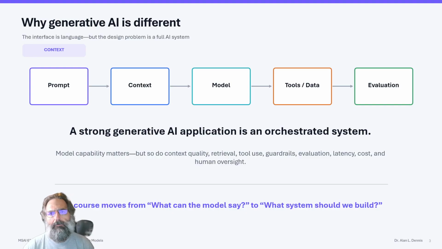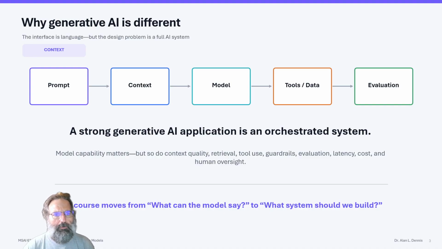And then there are various tools and data that are involved, as well as evaluation of how those things went. Basically, these systems are orchestrated systems. They're like complex systems that we used to build before of tying things together, but with much more interesting components.